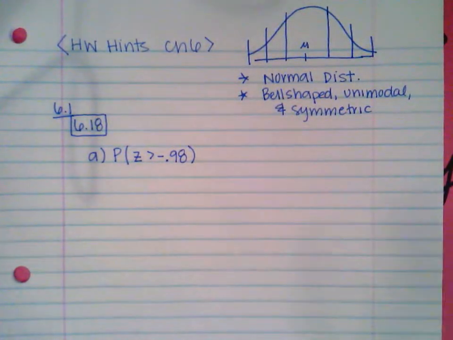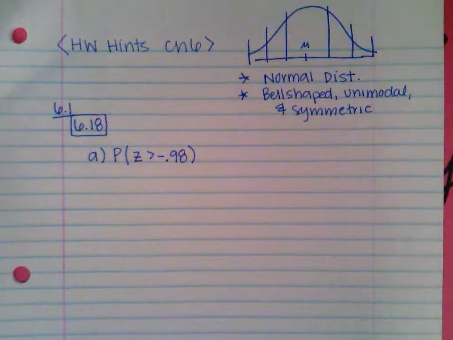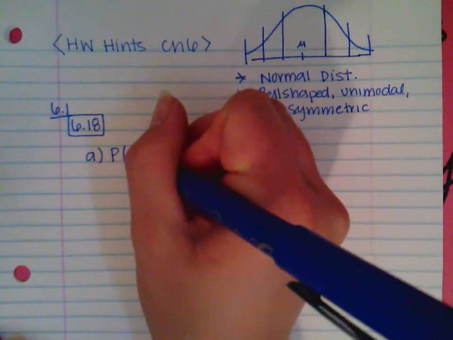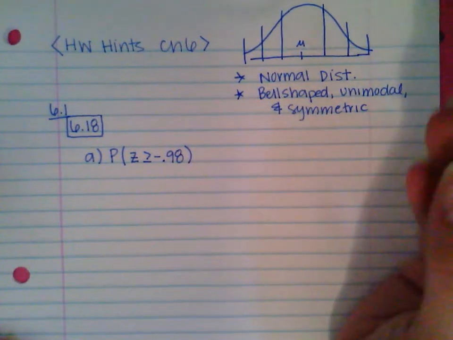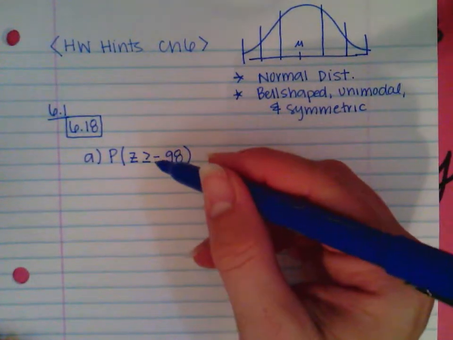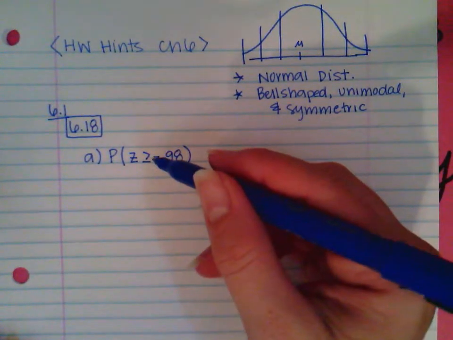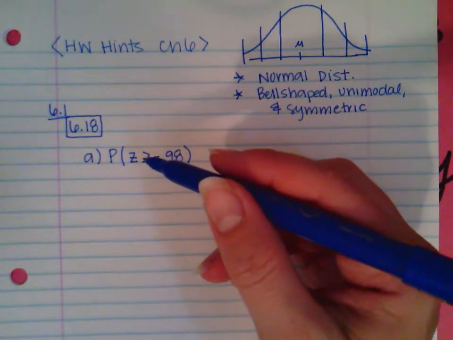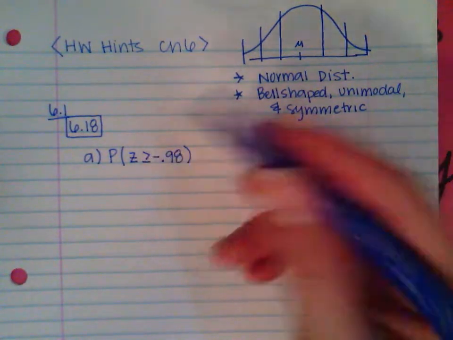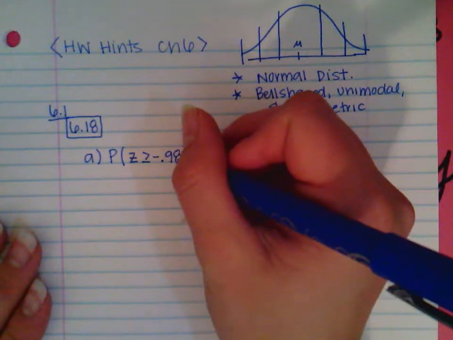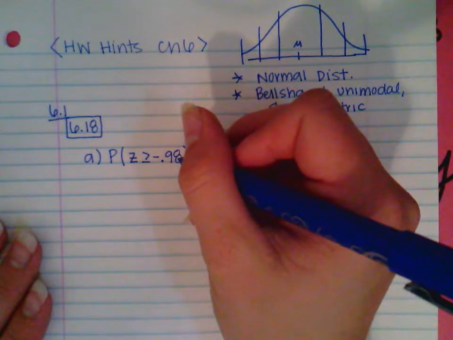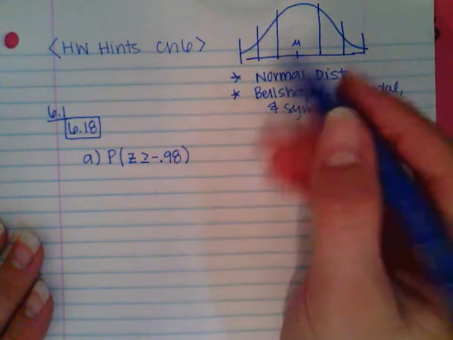Now, with a normal distribution, it doesn't matter if it's greater than or equal to, because it's a continuous distribution for a random variable. So it doesn't matter if there's an equal-to sign or not. With binomial, it matters. Other distributions, it matters. Normal, it doesn't, because just right above it is going to be so close, it doesn't really matter.